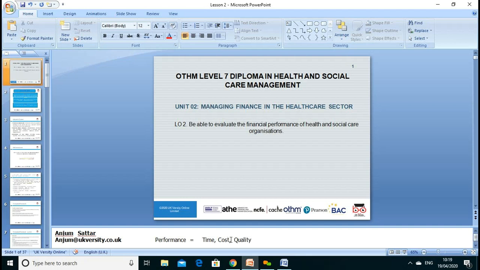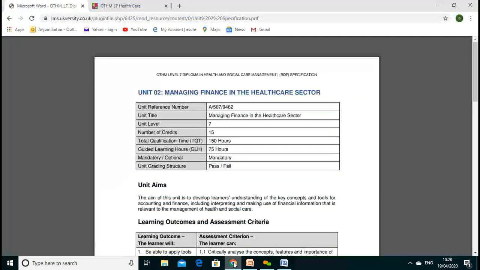Time itself is a cost, and quality is very difficult to assess financially. So we need non-financial information, such as customer satisfaction, to measure performance. That will be the focus of our discussion.